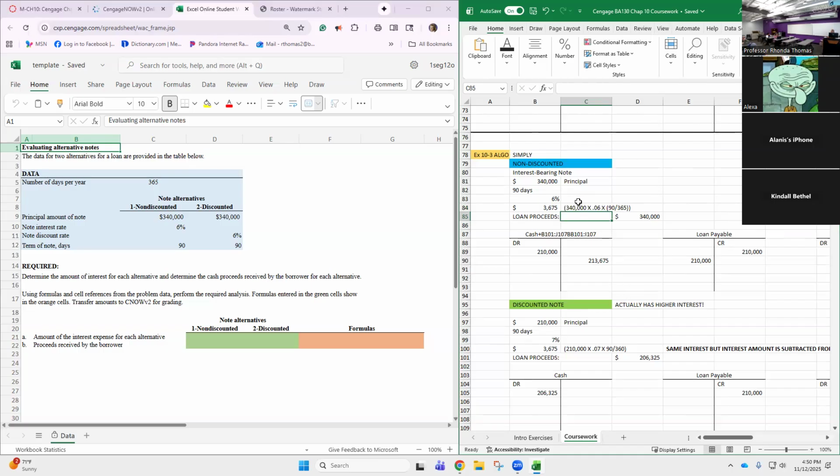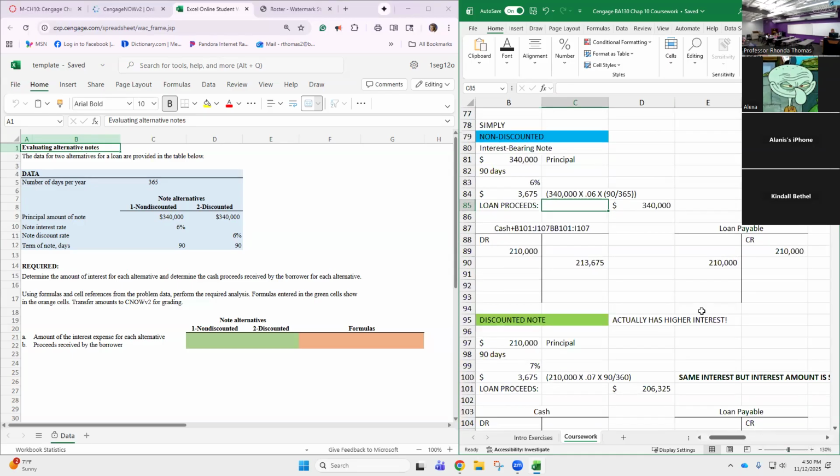So here is my formula, let me make this a little bit bigger so you can see it. I'm going to enter this formula in Excel.